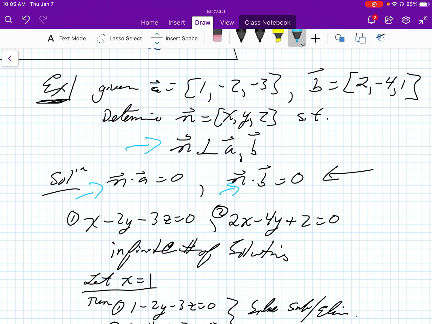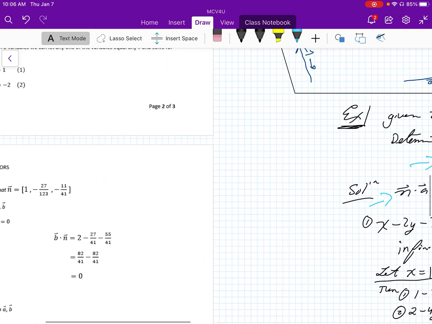I remember way back in grade 9, I told most of you that whenever you hear perpendicular, you should think negative reciprocals, when we talk about the slope. Well, here's the thing now in grade 12, with our algebra and calculus class, in vector world, you think perpendicular, dot product is 0. Perpendicular, dot product is 0. So that's what we're looking for here.